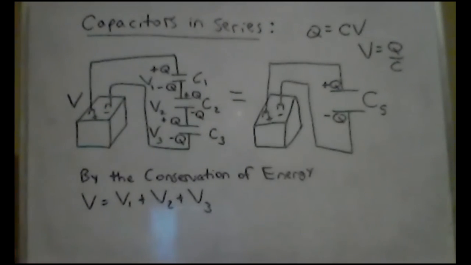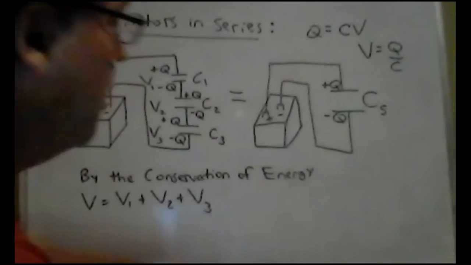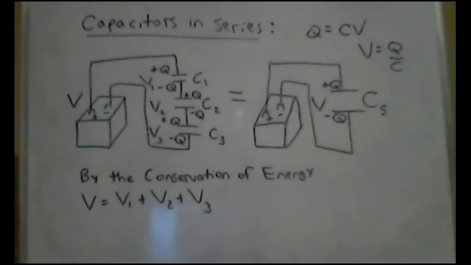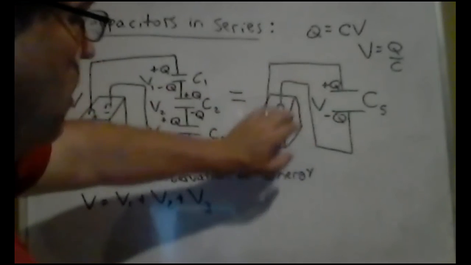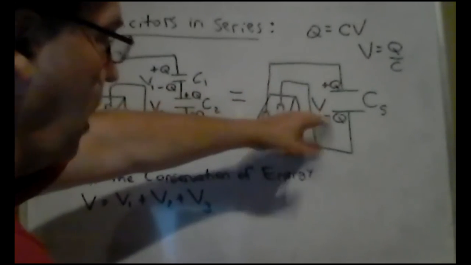This potential across the battery is the same as the potential across the corresponding equivalent series capacitance, because there's only one thing to balance it out. The increase has to be equivalent to the drop.